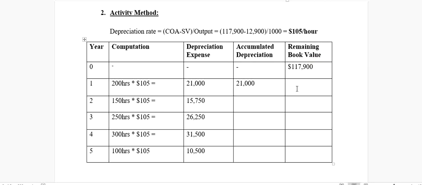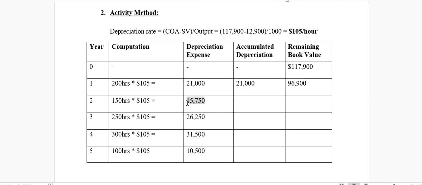So 1,17,900 minus $21,000 will give us a value of $96,900. That would be the remaining book value at the end of the first year.